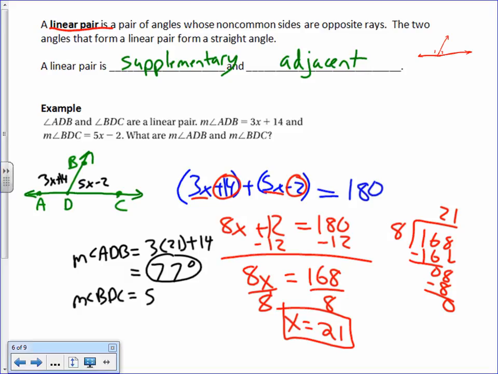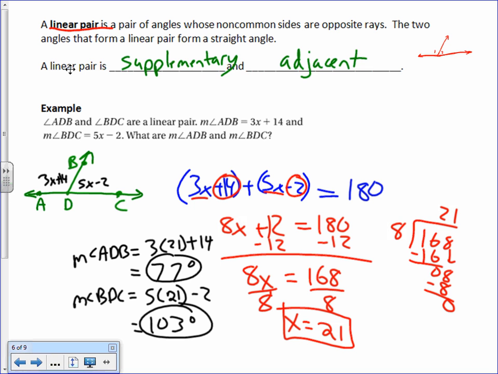So 5 times 21 is 105, minus 2 would be 103. And that works out nicely because they're supposed to add up to 180. And 77 plus 103, sure enough, adds up to 180. So there's a good way of checking your work here.